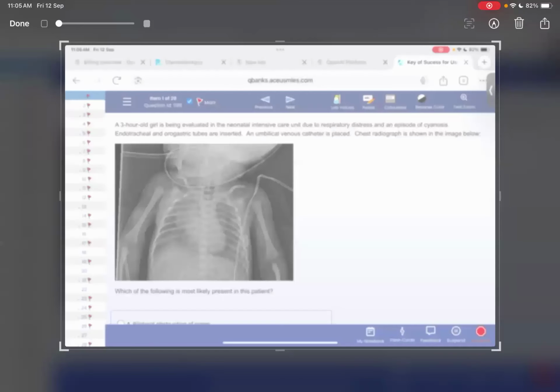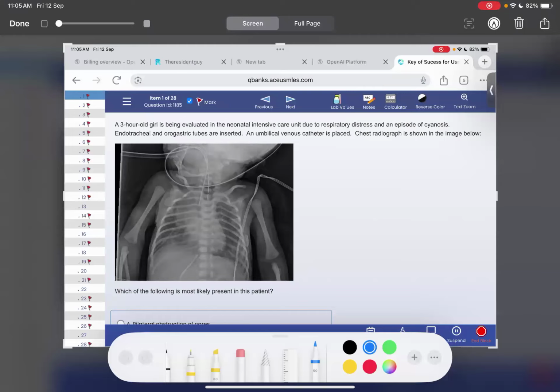What do you think the chest X-ray is likely to tell you about this? Like the OG tube is there. Wait a minute, let's discuss it in detail. Basically, the tube that is passing over here, this one, is going through the oral cavity and passes down to the stomach. It is the orogastric tube. And the other one that is passing over here is the endotracheal tube.